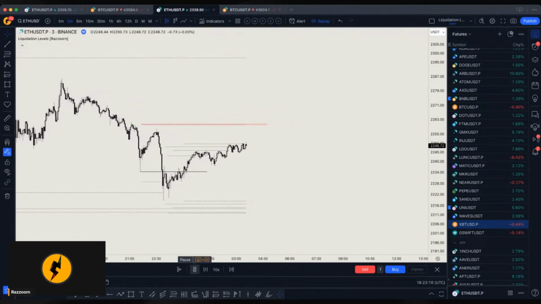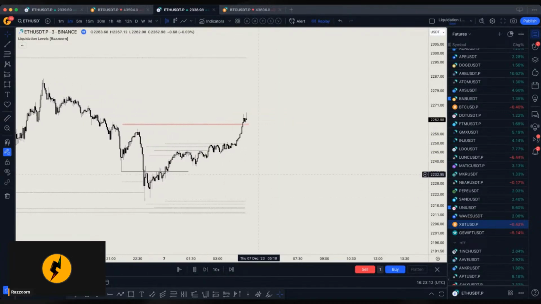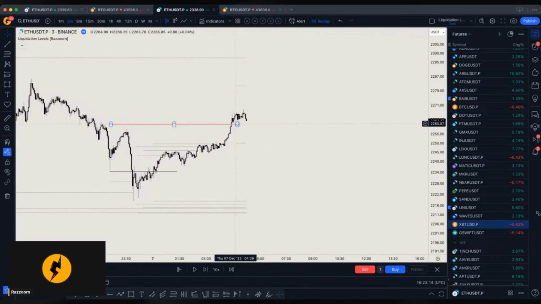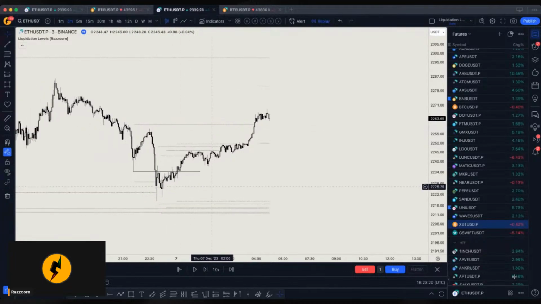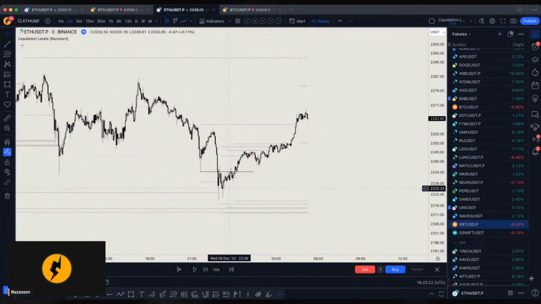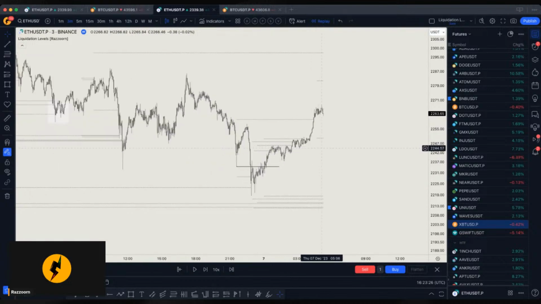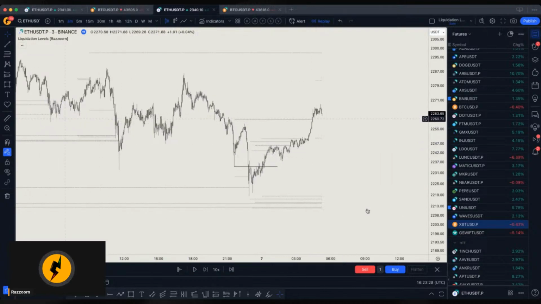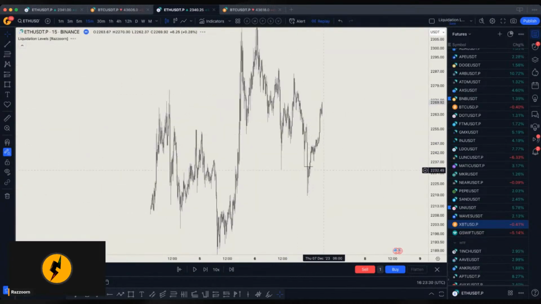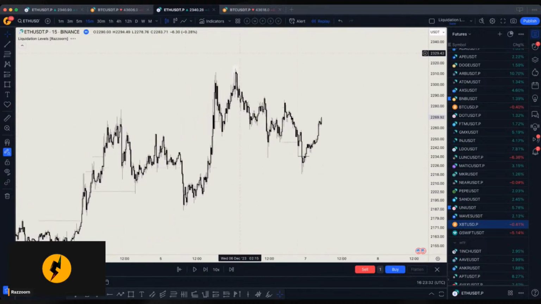Of course, it's hindsight easy peasy right now, but since you have the leading levels right here, they're actually pretty easy to use. But yeah, this is the price action on ETH.